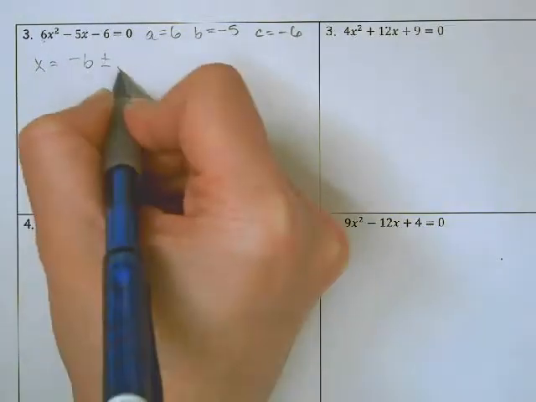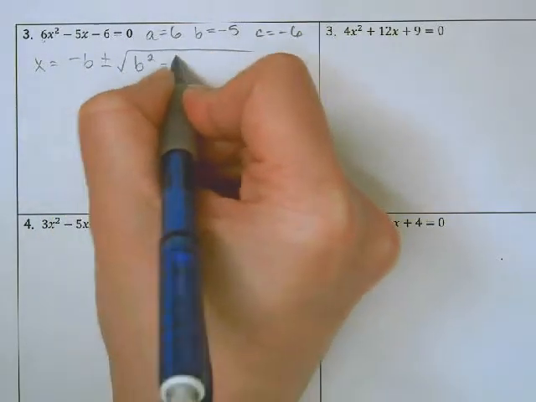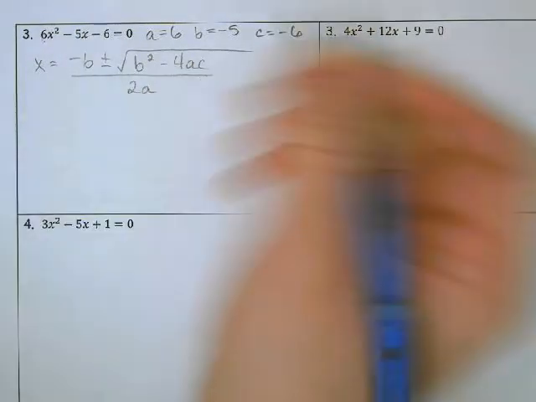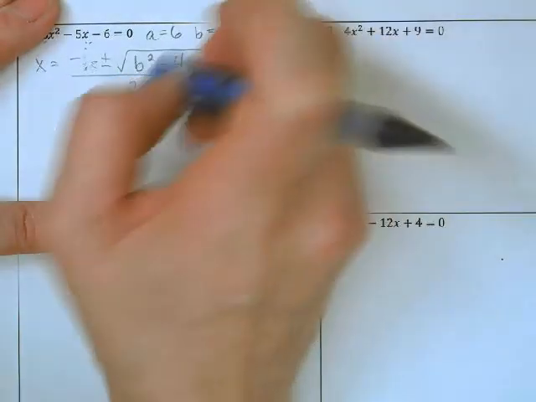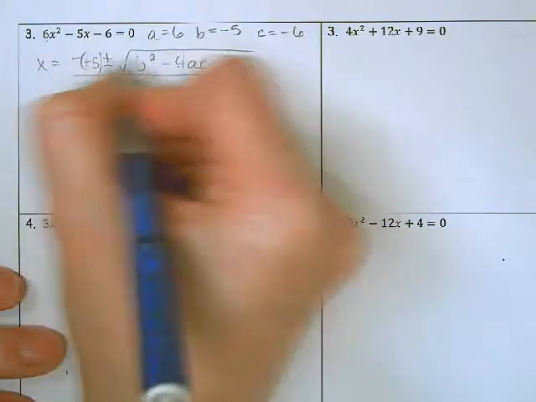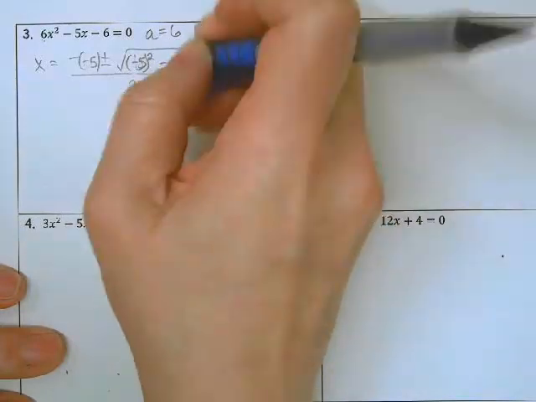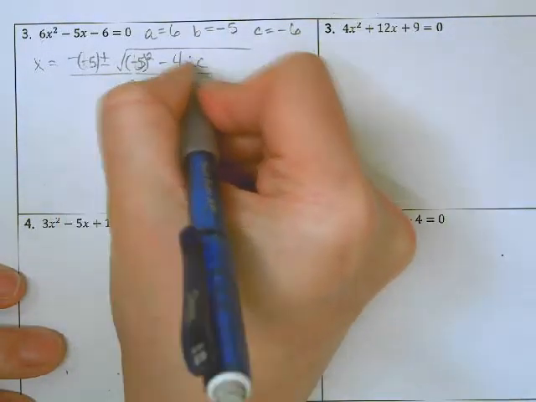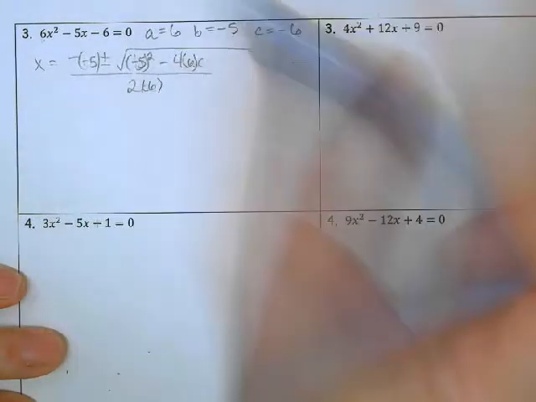I'm just going to keep doing that for a while until I really get the hang of it. So b squared minus 4ac, all divided by 2a. Take out the b's and put in that -5. Take out the a's, and put in 6. And take out c and put in -6.